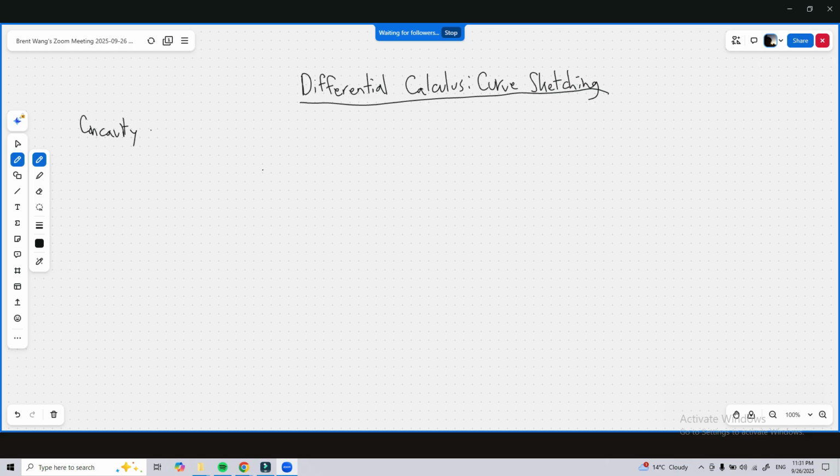Number 6, last up, we have concavity, concavity intervals. And before I explain the math behind it, let me just give you a visualization of what concavity is so you guys have a better idea of what I'm talking about. So you have two situations, concave up and concave down.